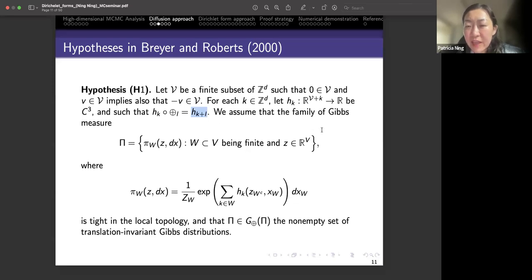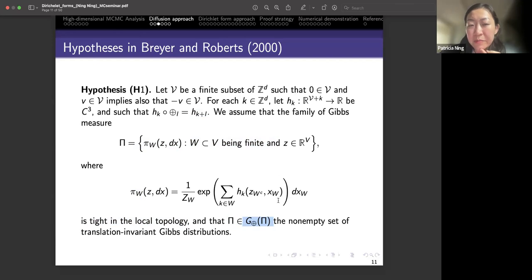We assume that the family of Gibbs measures in this form, where this pi_W, as we just explained, is tight in the local topology. And for pi, this family G(pi) is a non-empty set of translation invariant Gibbs distributions.